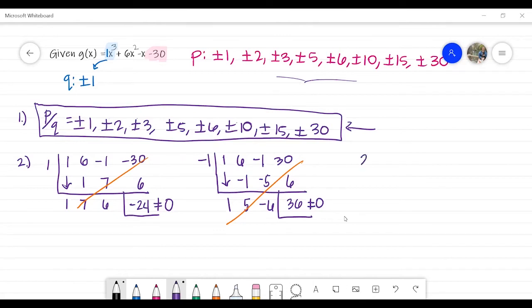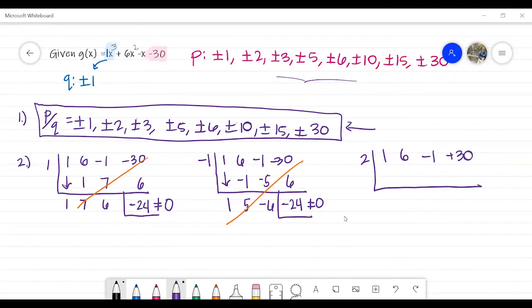Let's try 2. 1, 6, -1, and -30. Oh, be careful with that last one. See why it's important to be really careful.